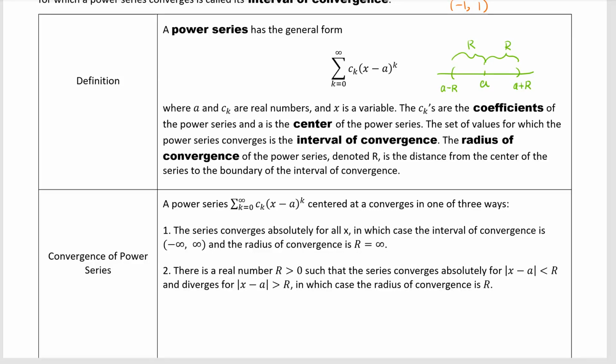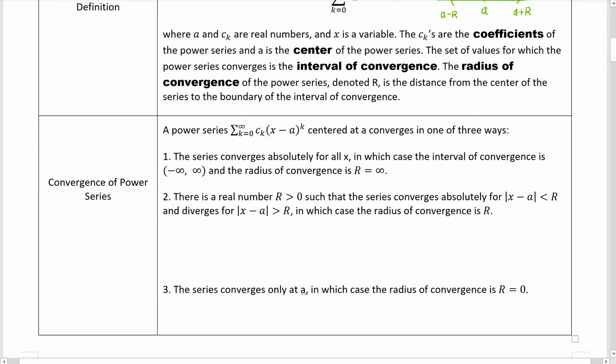So your center a is always in the middle, and your interval of convergence is from a minus r to a plus r. Sometimes you might include the endpoints, and sometimes you might exclude the endpoints. It really depends on whether the series converges at the endpoints. And the radius of convergence is the distance from the center to the endpoint of the interval of convergence. Okay?